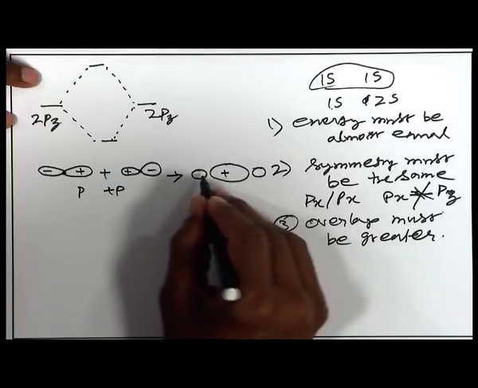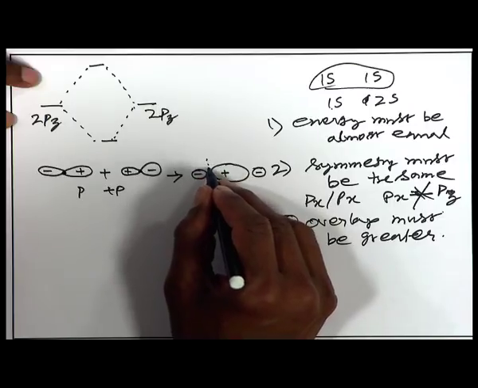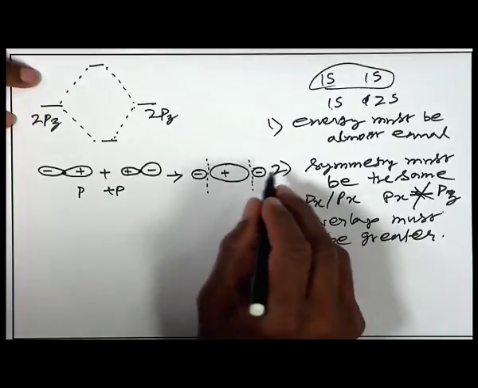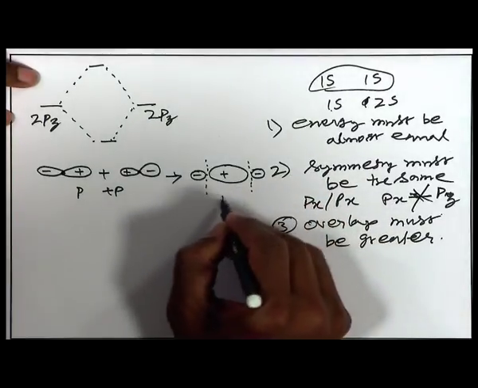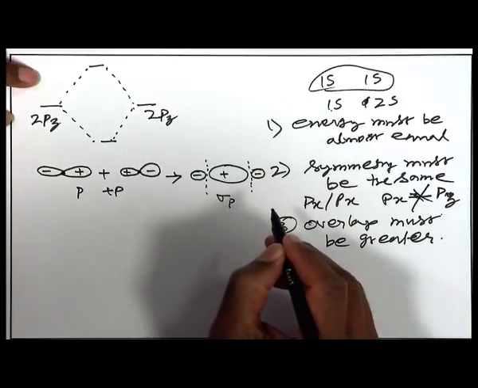This is positive, negative, negative, so there are two nodes here. This is a sigma orbital formed by p orbitals.